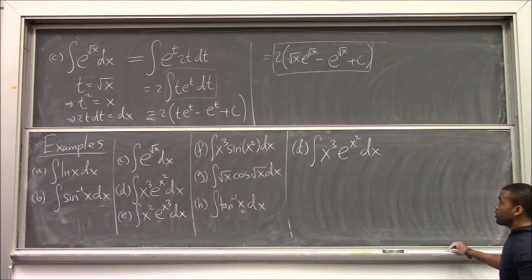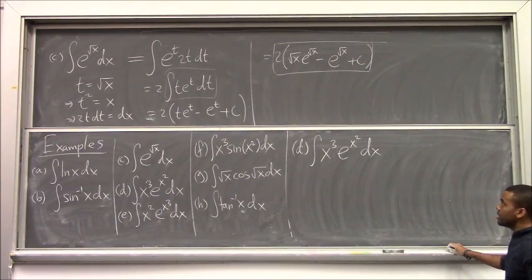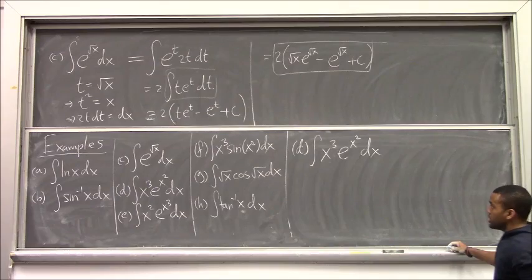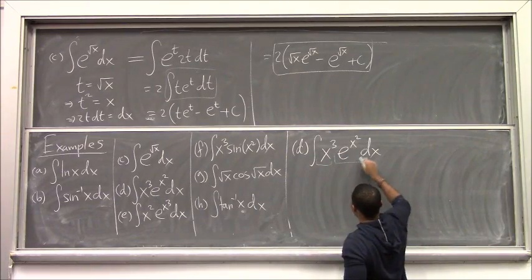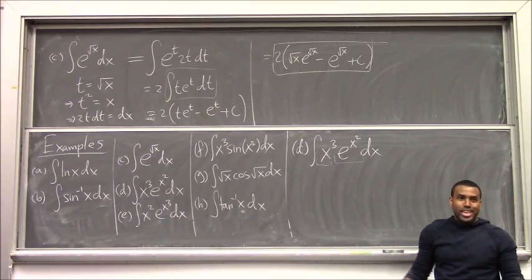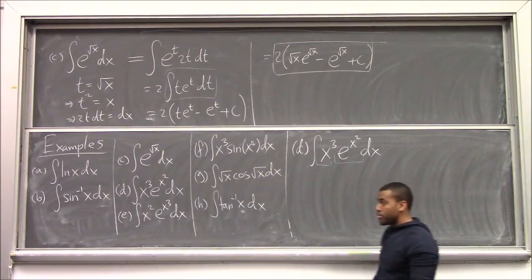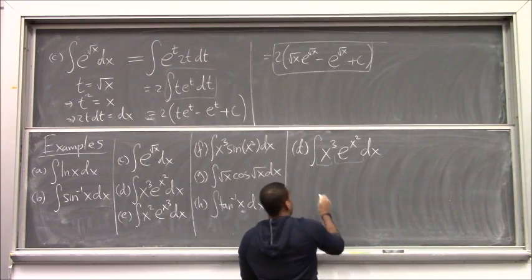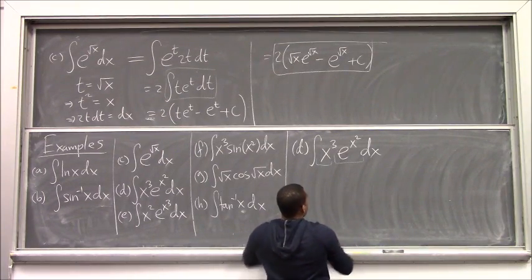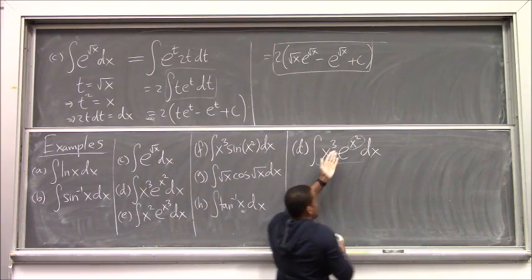So, if you forgot to go through the motions of, is it a basic rule? You might be tempted to jump directly into integration by parts here. Make this the u and make that the dv. Problem is, what's the integral of e to the x squared? Can't do it, right? So a substitution first is actually the way to go. What would you substitute? Well, this guy is impossible. So maybe getting rid of the square is going to be a good idea.